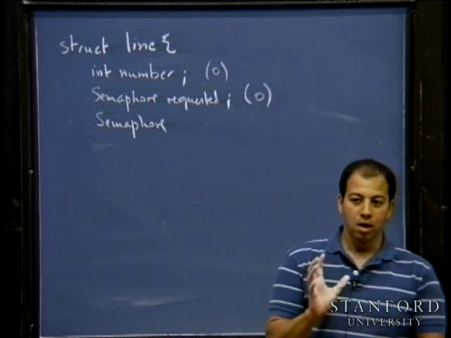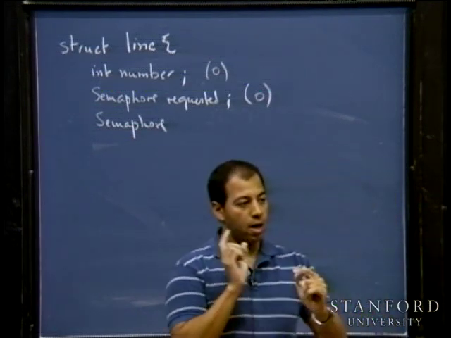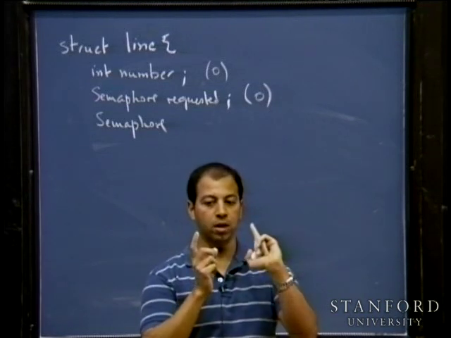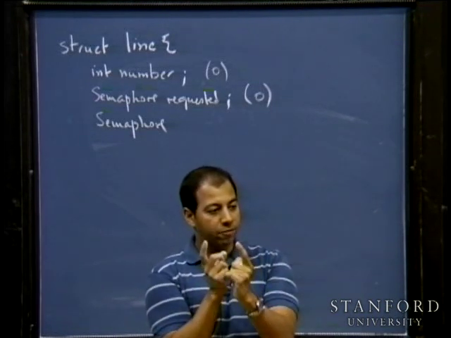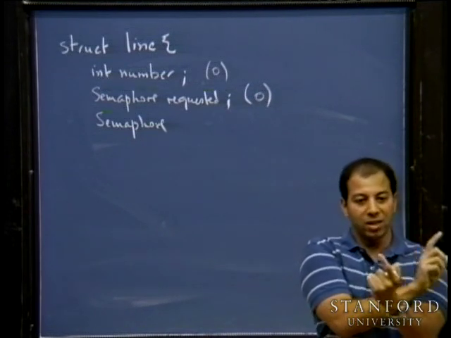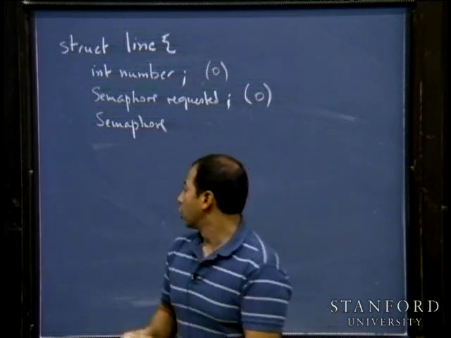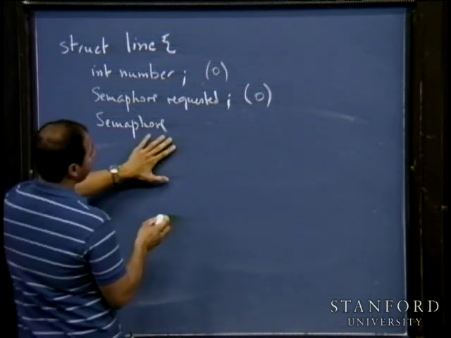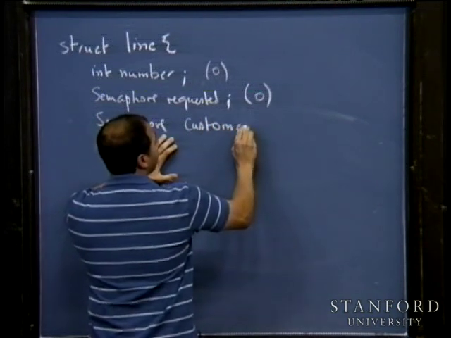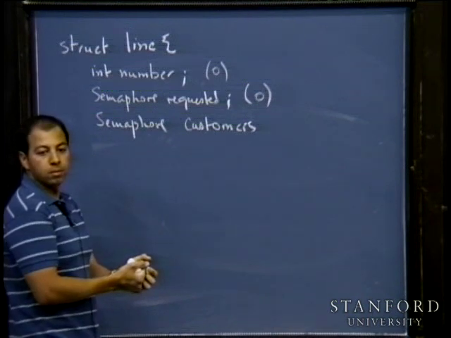And this should give you an idea about having this kind of struct that would have a semaphore that is a rendezvous semaphore between every single customer and the cashier. But this semaphore has to be for every single customer because it has to maintain the order of every single customer. Does that make sense? So in here, we will have a semaphore. Let's call it customers. And those are the customers that basically requested the cashier's service but are waiting to be serviced, okay?